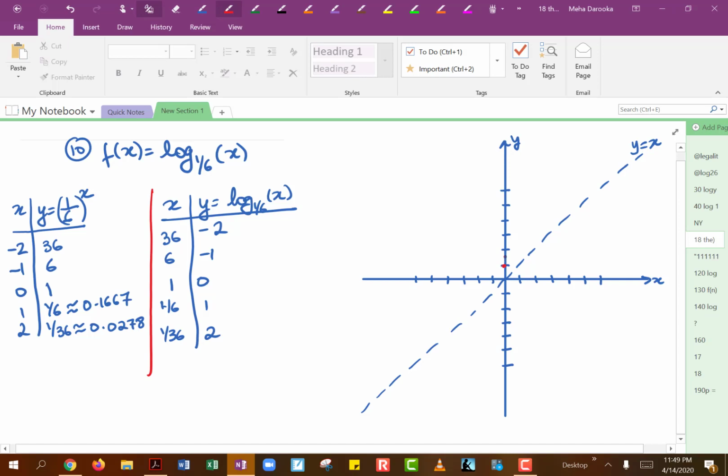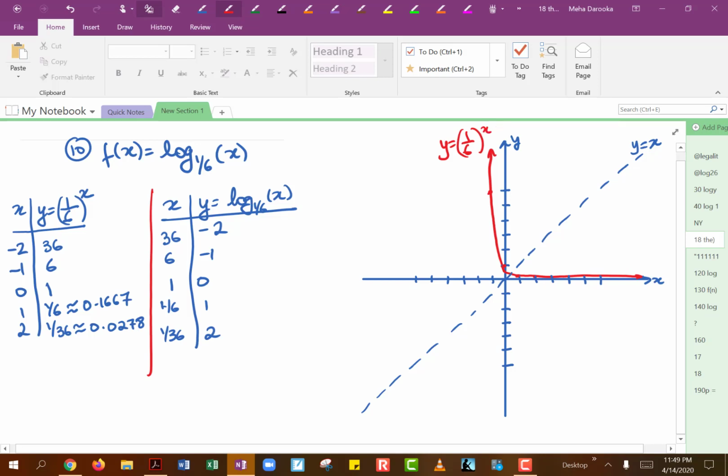At +1, I'm at 1/6. At +2, I'm getting closer. Obviously we know this is going to be a decreasing function because we saw that in section 4.1. And this guy will go up like this. So this is the graph for our y equals (1/6)^x.